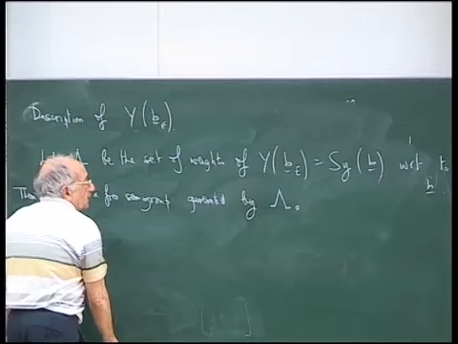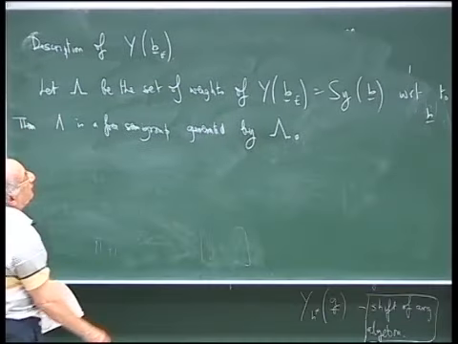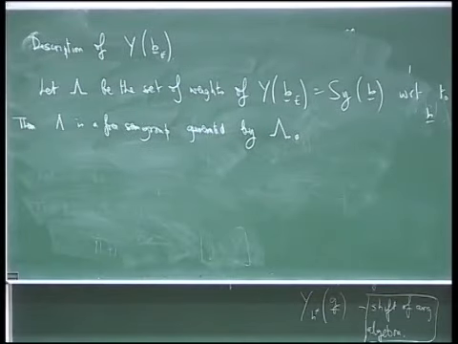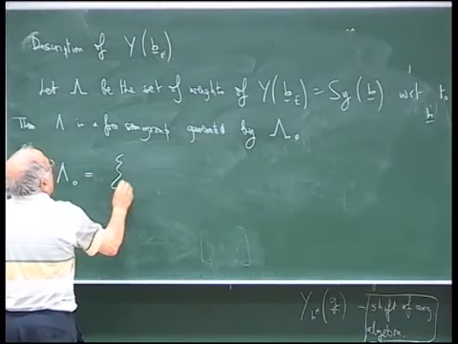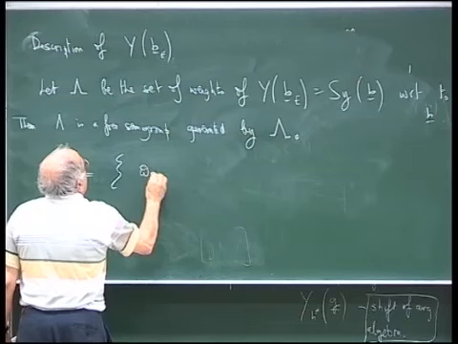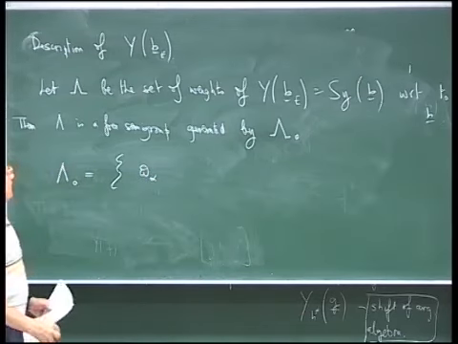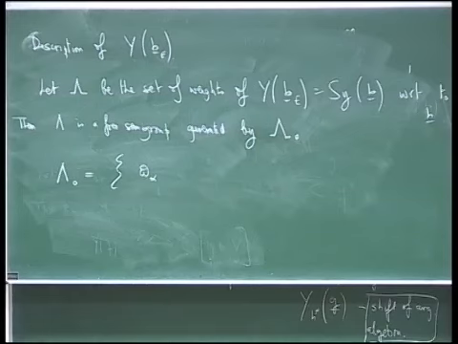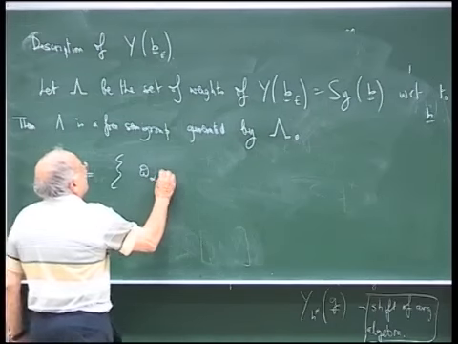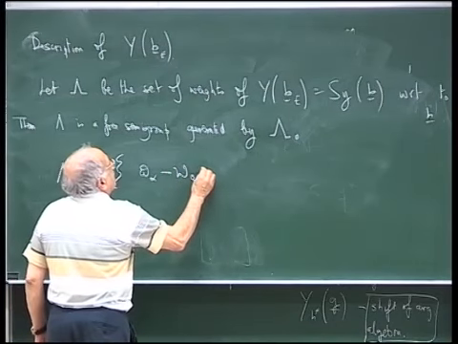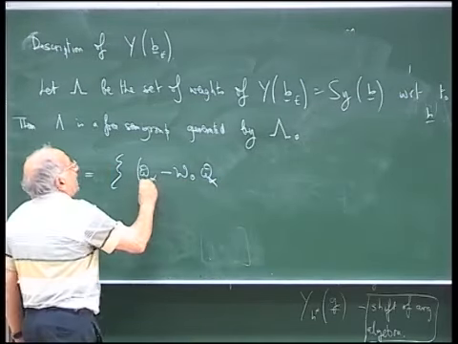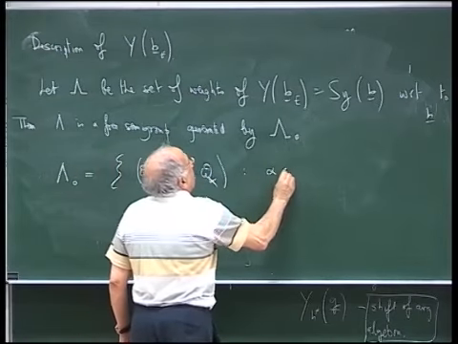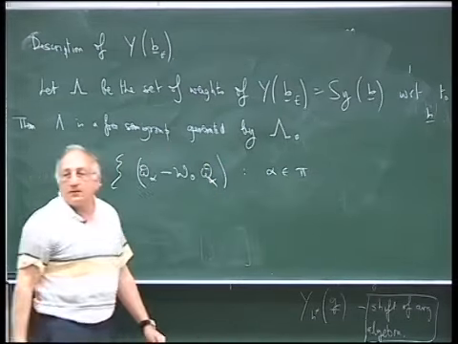And lambda 0 is given by the following very simple recipe. Lambda 0 is the set of all elements of the form P alpha. This is the French P that has been foisted upon us by Bourbaki, minus W0, which is the longest element in the Weyl group, as pi runs through the set of roots.